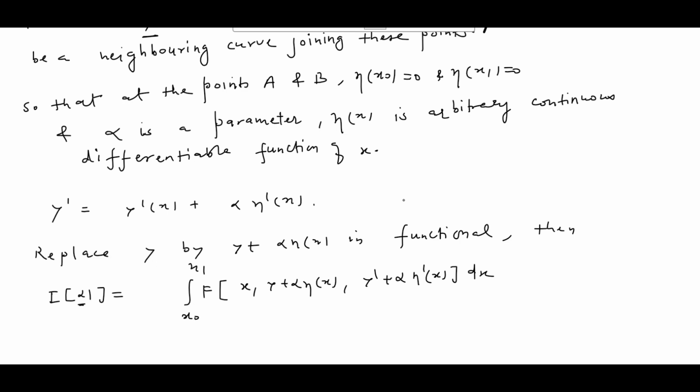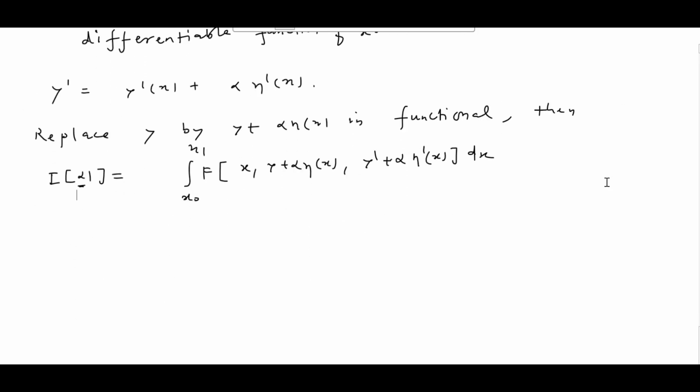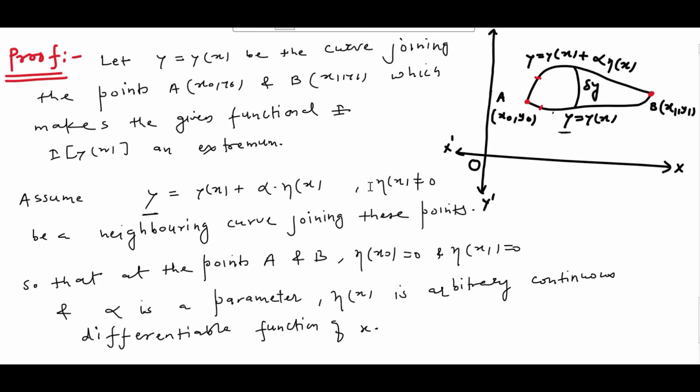The whole quantity depends on alpha, so this becomes a function of alpha. Let us suppose that is equation number 2, and this neighboring curve is equation number 1.